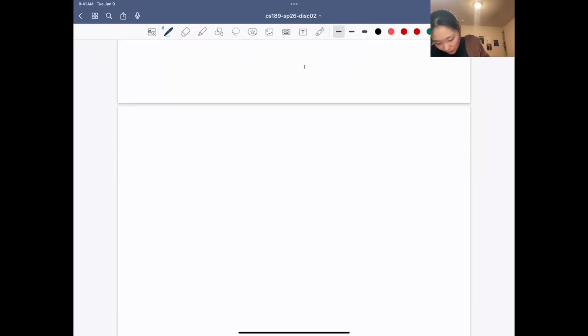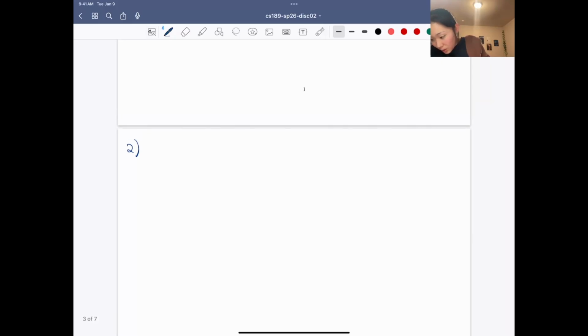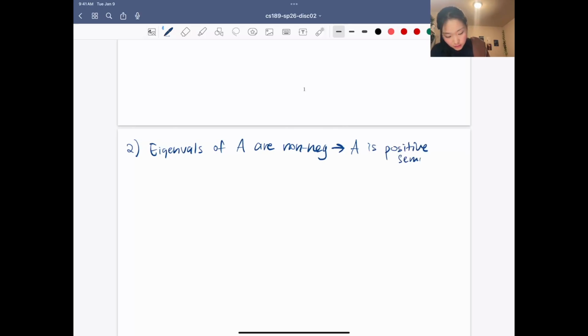And so for part 2, what we're trying to prove is, given we know that the eigenvalues of A are non-negative, we want to show that A is positive semi-definite. So given that lambda_i is greater than or equal to 0, we want to show that A is positive semi-definite, aka this particular equation holds true.